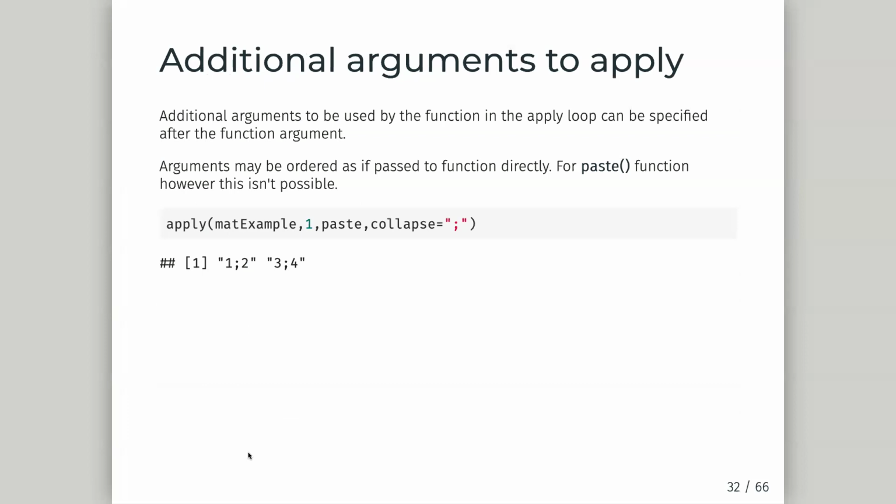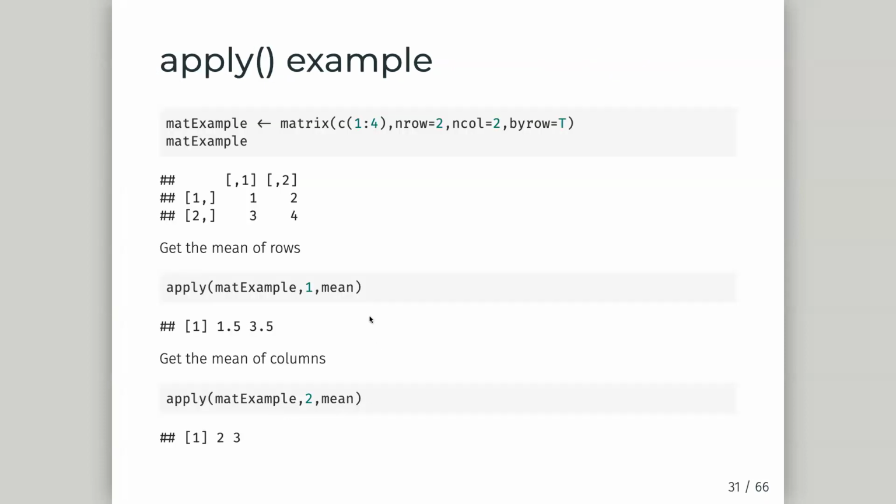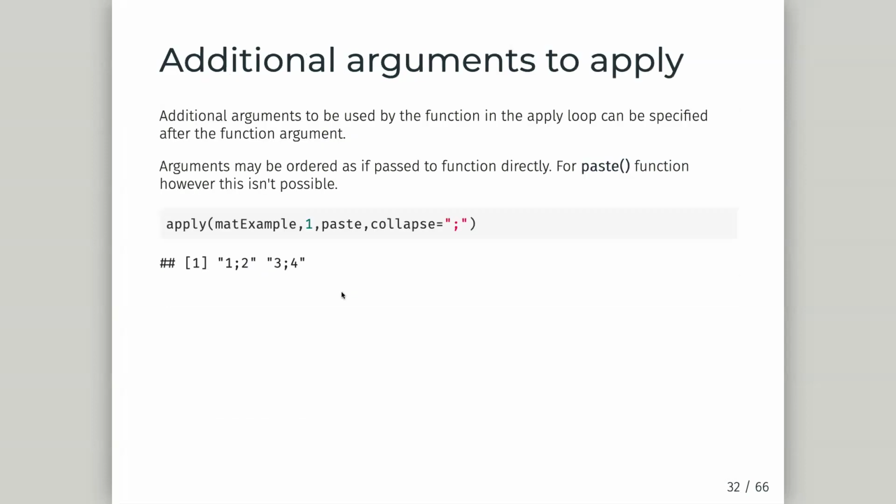Useful, we were talking about paste earlier on, and there are additional arguments like collapse. This is useful if I want to provide additional arguments to this function. It's a little tricky, but some of these functions we know take multiple arguments. I can actually provide them after the comma, after the function. So we had someone here asking about pasting things together and we ended up collapsing. So in this case, I want to use collapse.